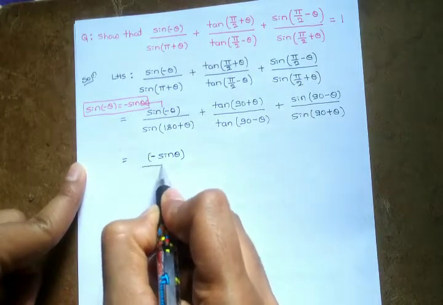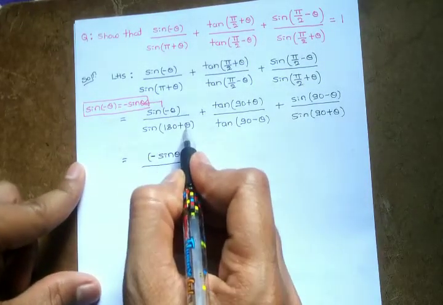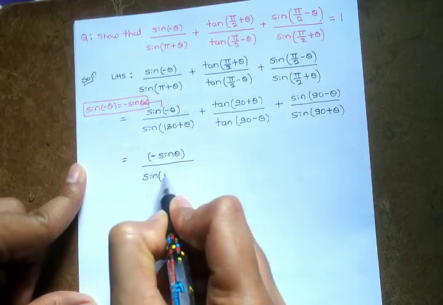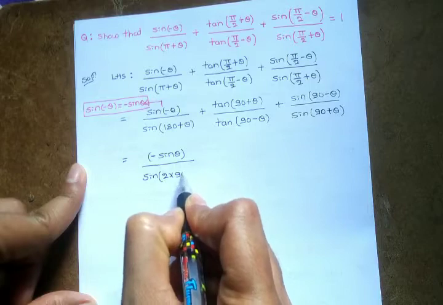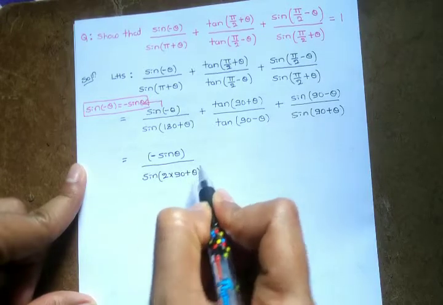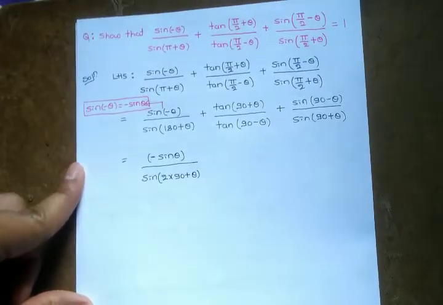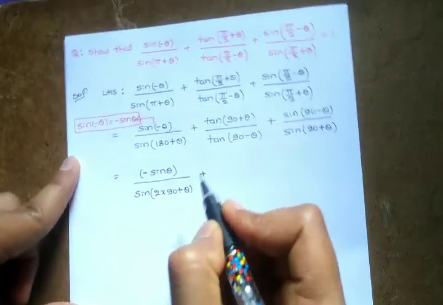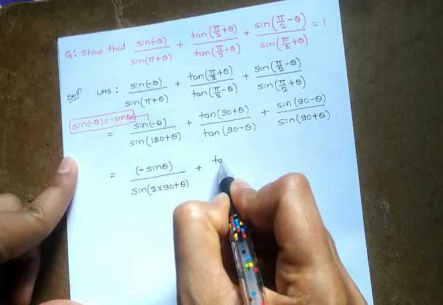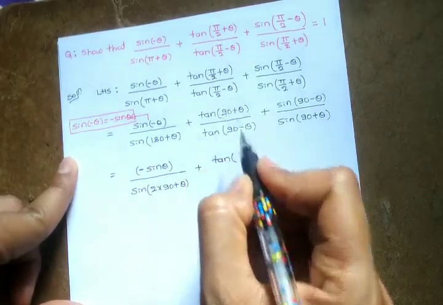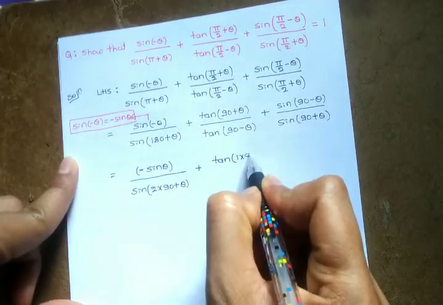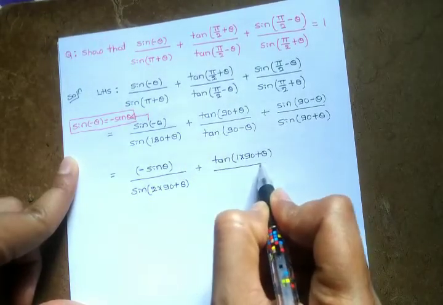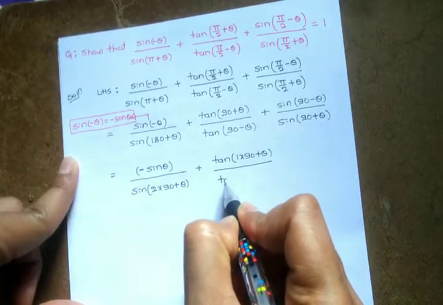Okay, so divided by, now 180 you bring in the standard form. How to bring in the standard form? How to write 180? So 2 into 90 plus theta. So next, plus sine I am going to keep it as it is. Again tan is there, so tan 90 is there. 90 can be written as what? 1 into 90 plus theta divided by again tan, keep it as it is.